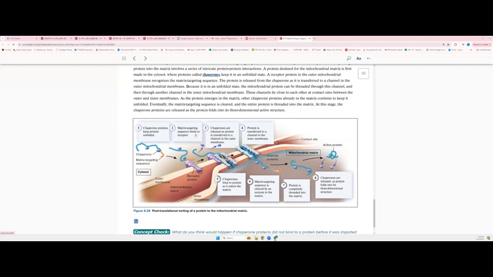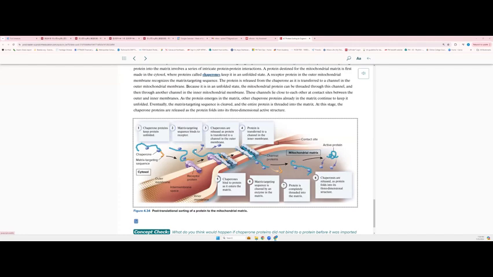It's very important. It binds to a receptor protein, and after binding to this receptor, the chaperone proteins are released. The protein is transferred to a channel in the outer membrane.